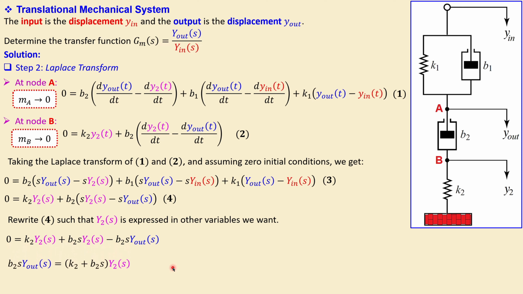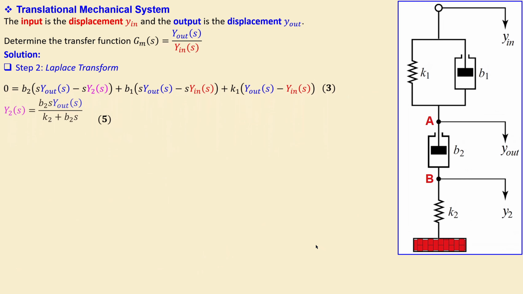And I can now rewrite this such that I have the Y2 together and Y out together. So I will place this part to the left side will be a plus, and I have this expression. I can now rewrite this and equate Y2 in the rest of the parameters or the variables. And this is now equation number 5 I can now use in the equation number 3.